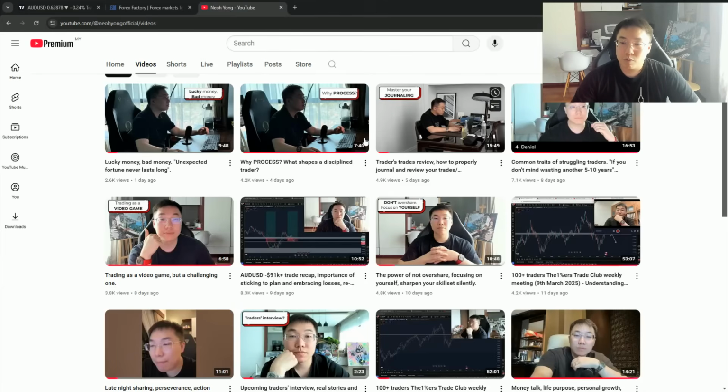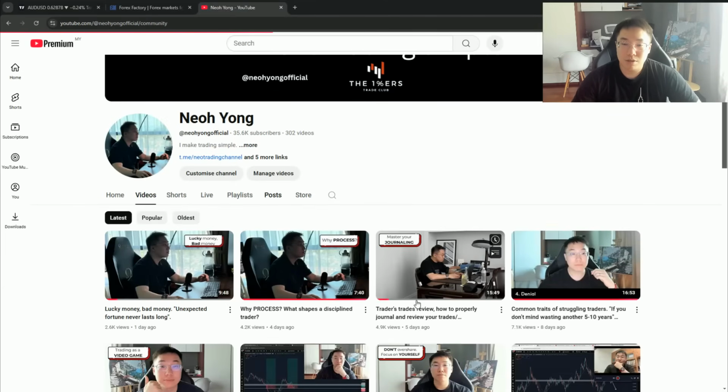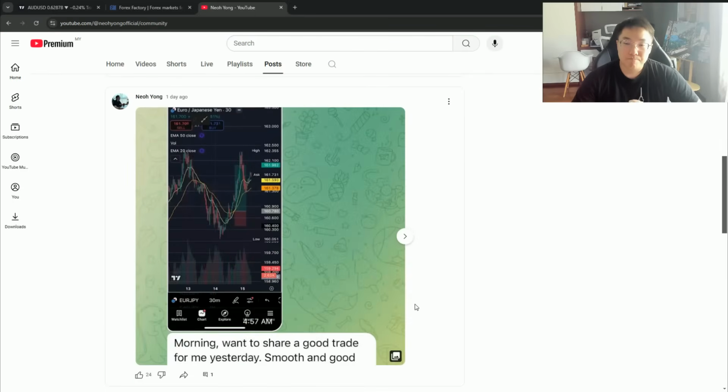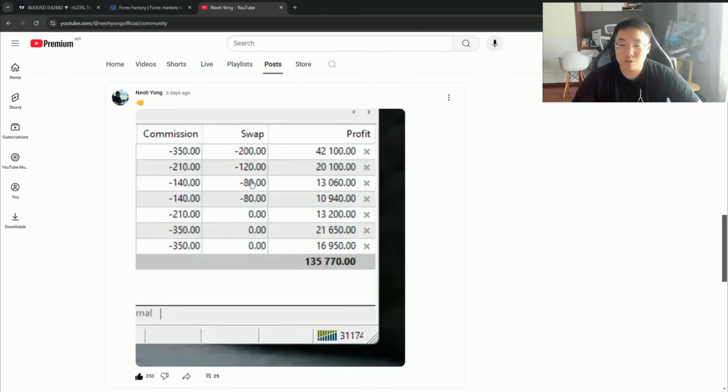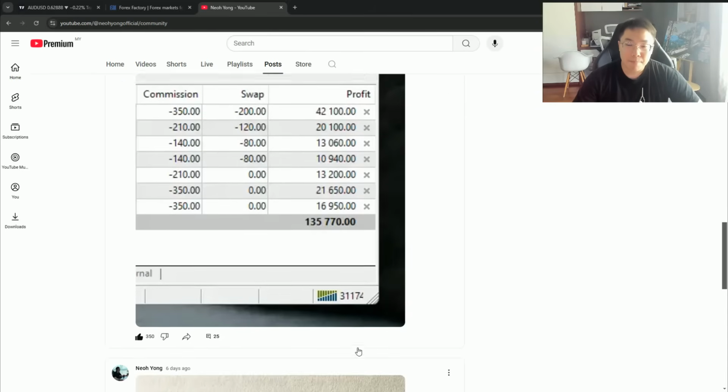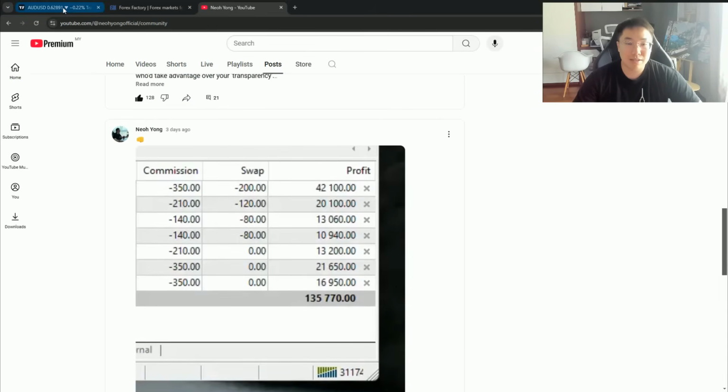If you've been following my community post, anyway, I won't be doing MT4 lock-ins, this kind of thing. You can see 3 days ago I had a screenshot posted saying that I had 135k floating positions. At peak it was running 180, 185, and the market just decided to reverse.